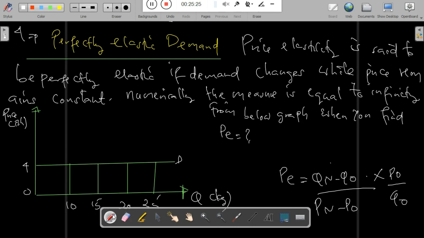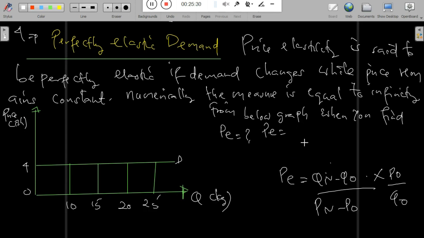So when we calculate the price elasticity of demand from this particular graph, we obtain the change of quantity demanded over change of price times P0 over Q0. So we take out Q1 minus Q0 over Q0, P1 minus P0 over P0, times P0 over Q0, as you can observe.